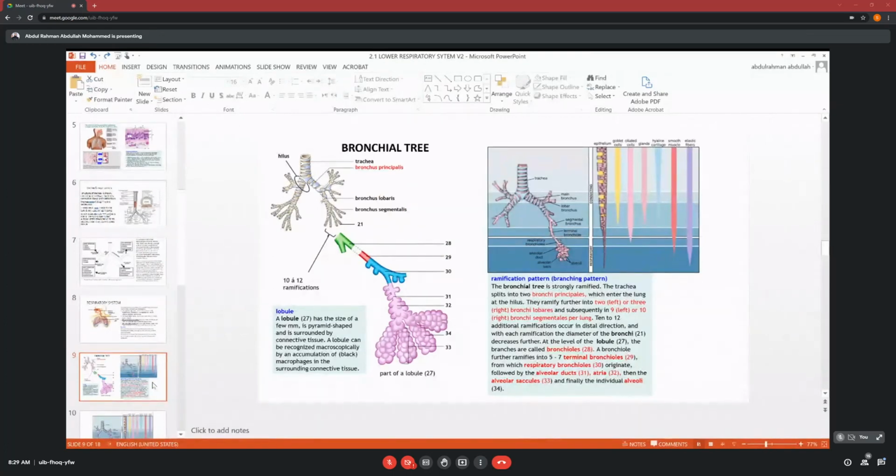So here it's talking about the bronchial tree being strongly ramified. What do you mean by ramified? Like it's having many branches. It depends on branching. Yes, very good. Ramified means branched. So the bronchial tree is strongly ramified, meaning strongly branched, with a branching pattern.